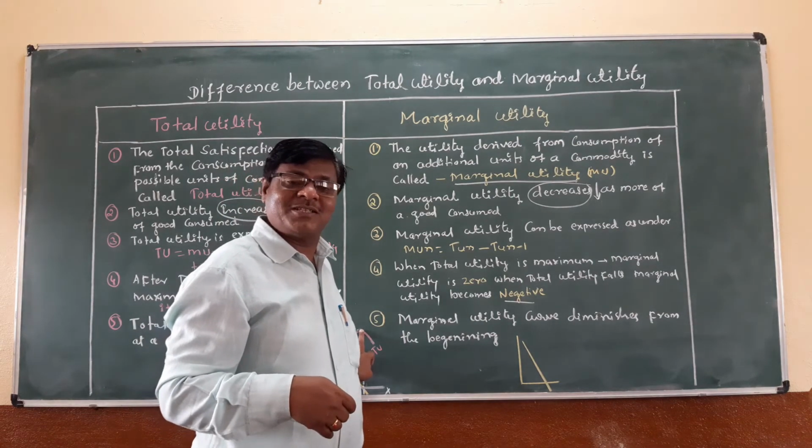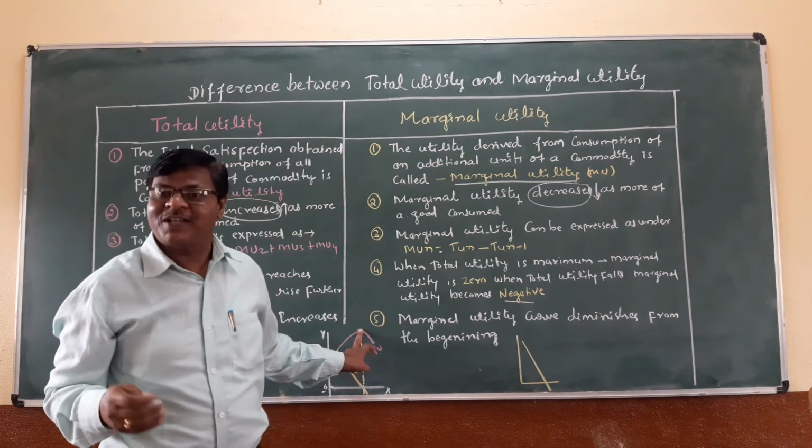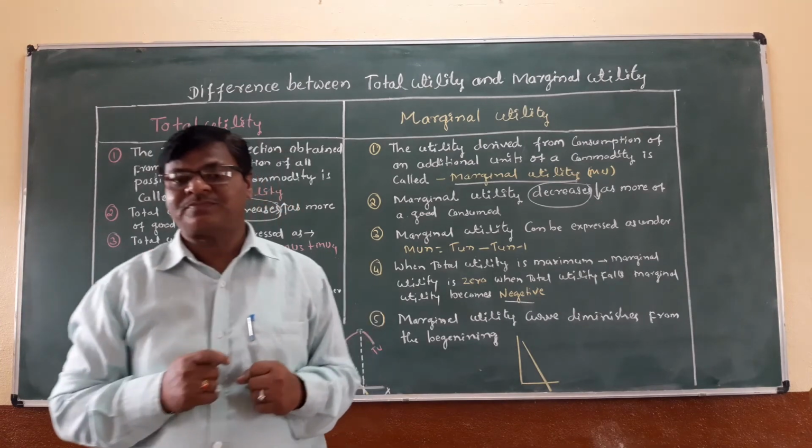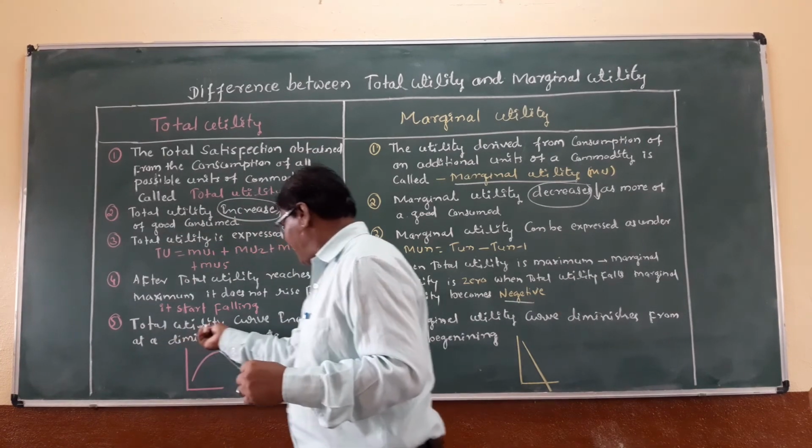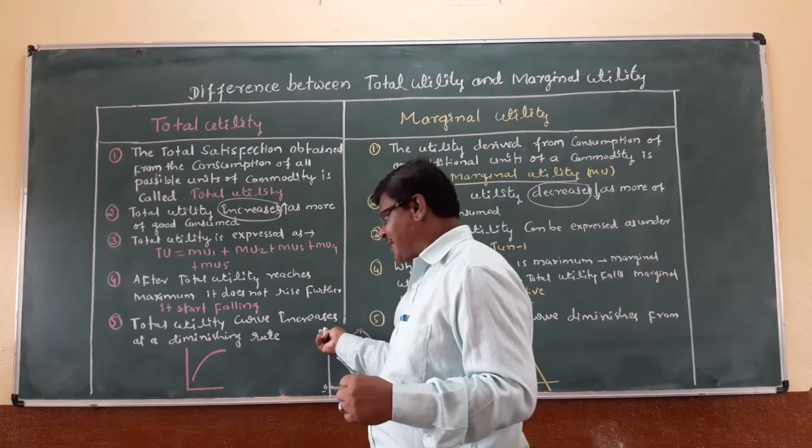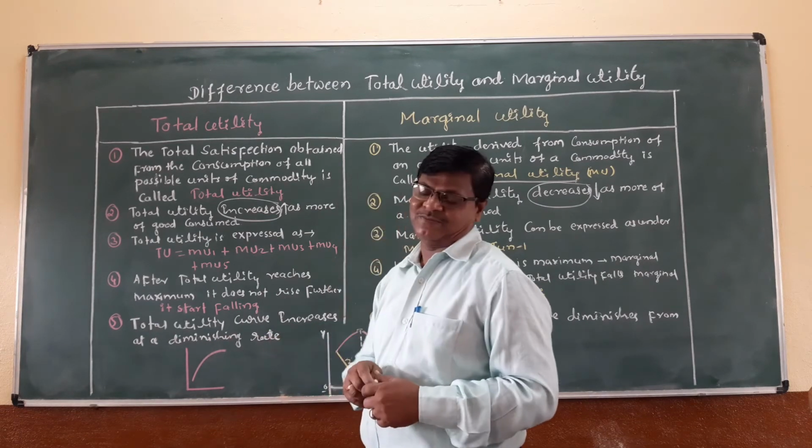The last difference between total utility and marginal utility is that the total utility curve increases at a diminishing rate.